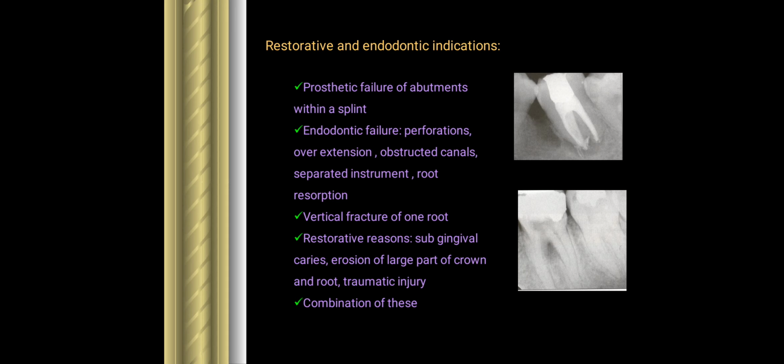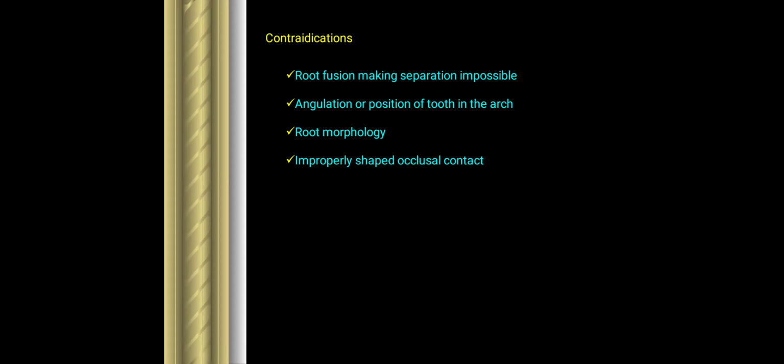Vertical fracture of one root, restorative reasons, for example, subgingival caries, erosion of a large part of the crown and root, traumatic injury, and a combination of any of these.